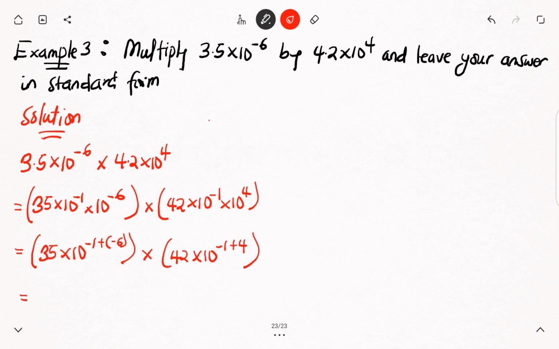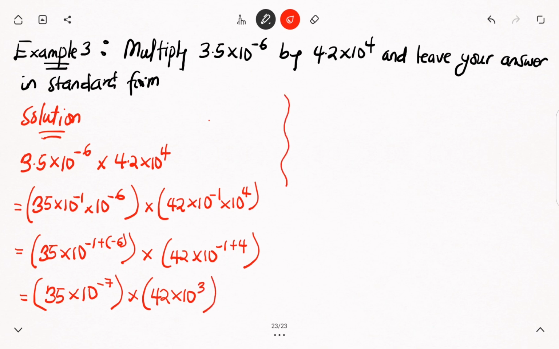So I have here 35 times 10 raised to the power negative 1 plus negative 6 becomes negative 7, multiplied by 42 times 10 raised to the power negative 1 plus 3 will give me positive 3.